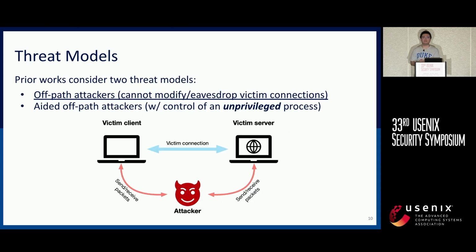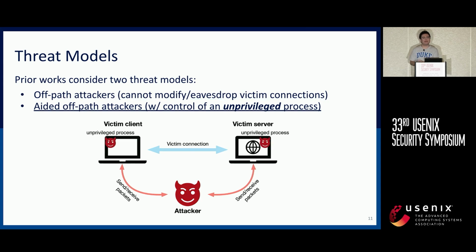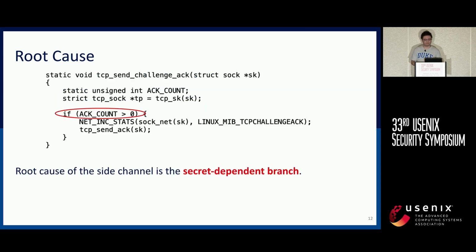So we consider the following two threat models in our work. The first is the traditional off-path attacker model, and we also consider one variant, the aided off-path attacker model, where the attacker, in addition to all the off-path capabilities, has control of an unprivileged process on either or both of the victim machines.